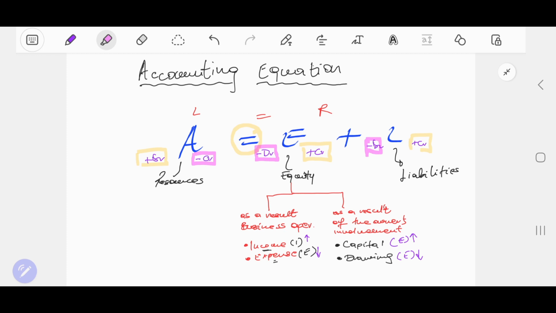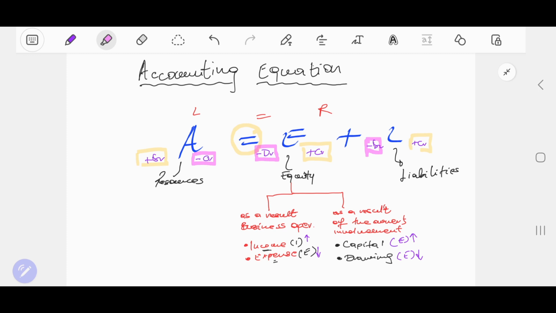So the funding can come from investors, which is equity, and it can also come from creditors and lenders, which is liabilities. When you combine the funding provided by investors and the funding provided by creditors and other lenders, you are able to buy the assets that the business owns.